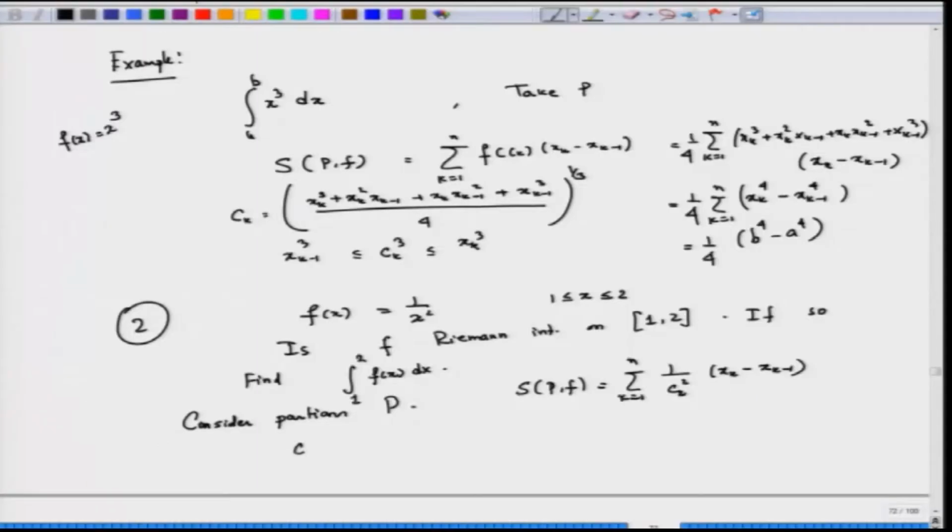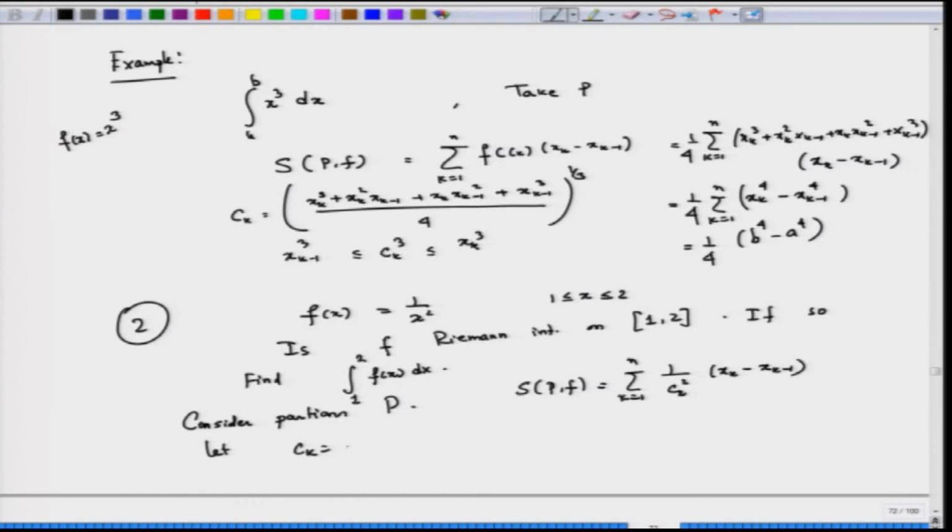Now, our job is to choose our c_k cleverly so that we can sum it up. And this is where the freedom of Riemann is coming: we have the freedom to choose any c_k we like.